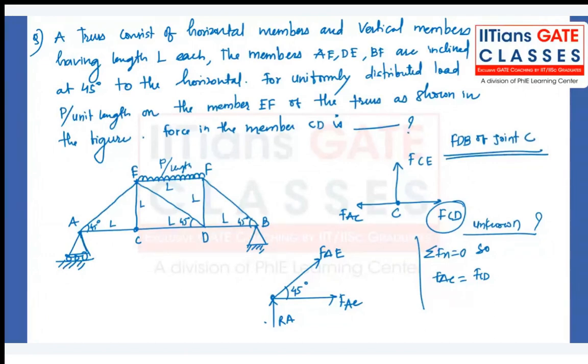Are you following? I'm not drawing the free body diagram of joint D here. I'm drawing the free body diagram of joint C. So whichever members are coming to joint C, I'm drawing them and showing you the forces.